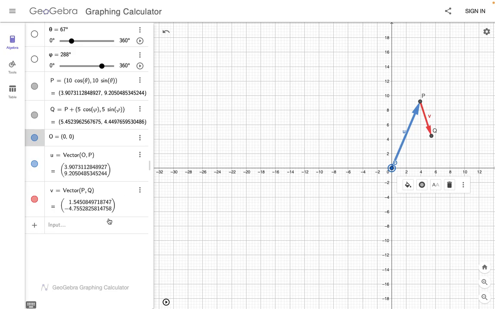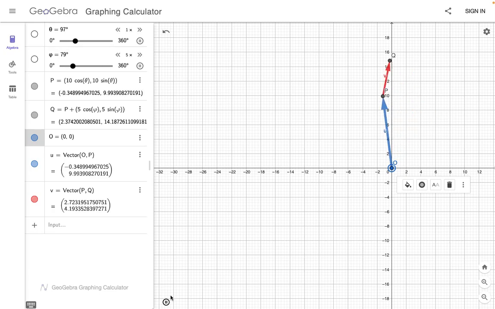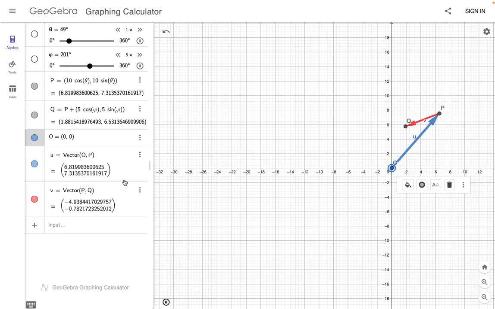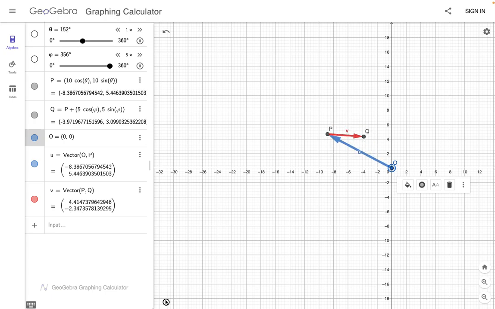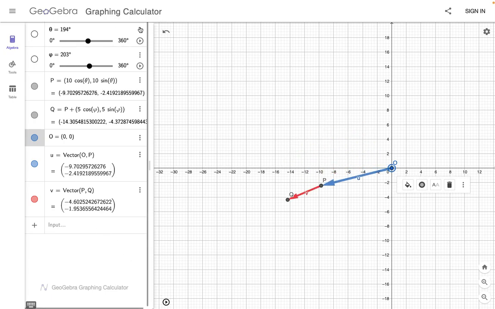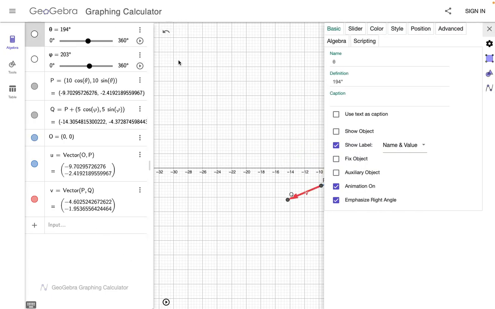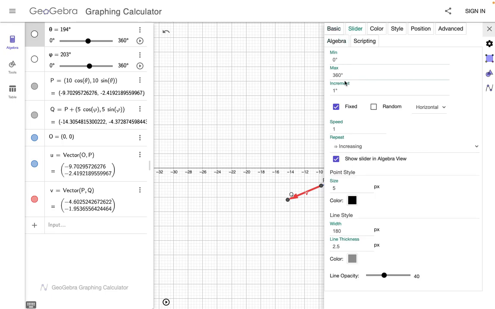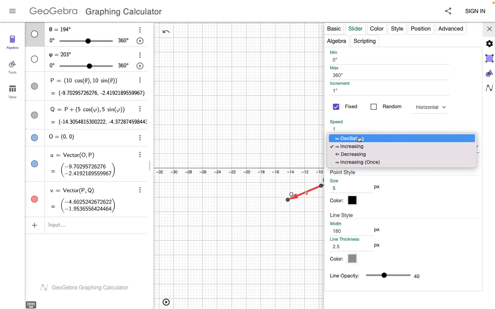Now if we try to animate that, we can do it using the slider, as I showed you in the last video. In the settings, you can set the slider's minimum angle and maximum angle, and choose the options: oscillating, increasing or decreasing.